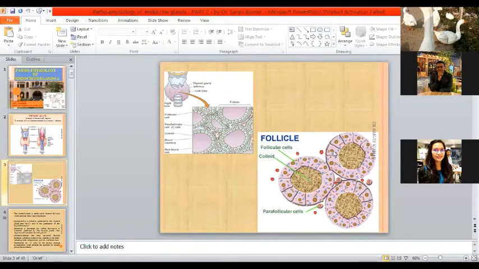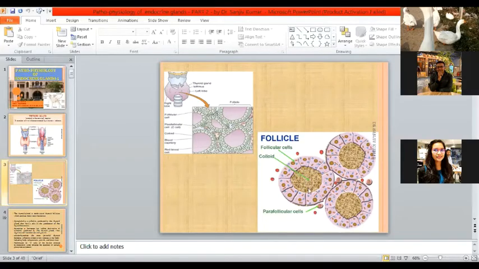And other than these follicular cells, nearby there is a different cell that is called parafollicular cells. Parafollicular cells and follicular cells are the two basic components of the thyroid gland.